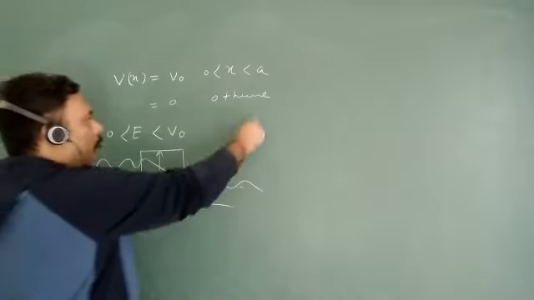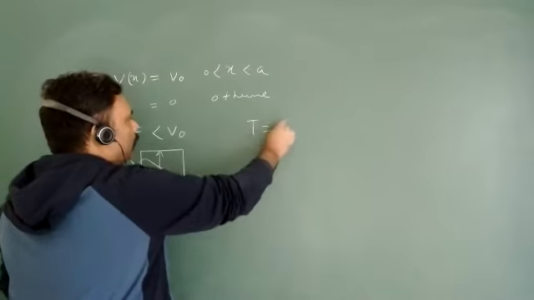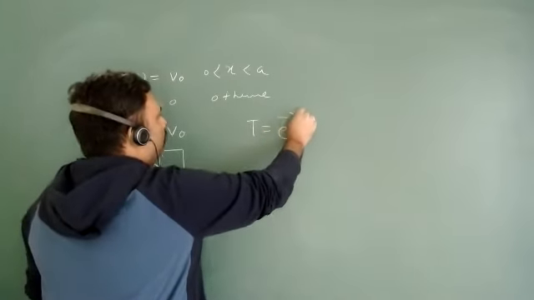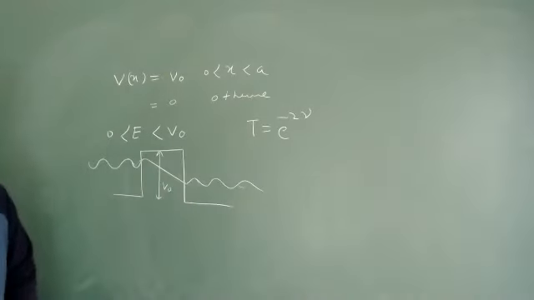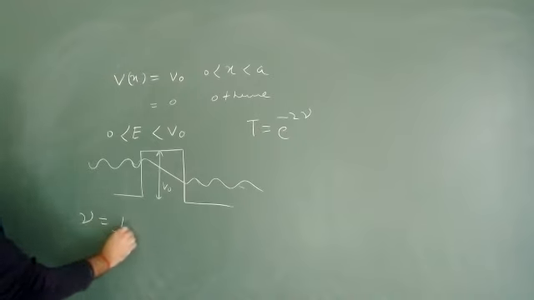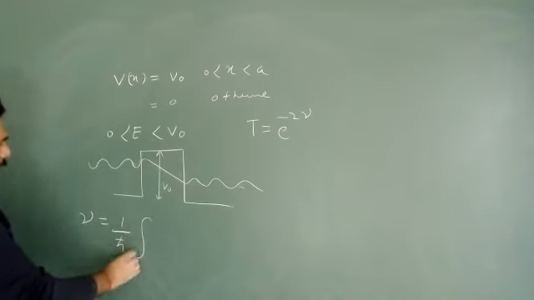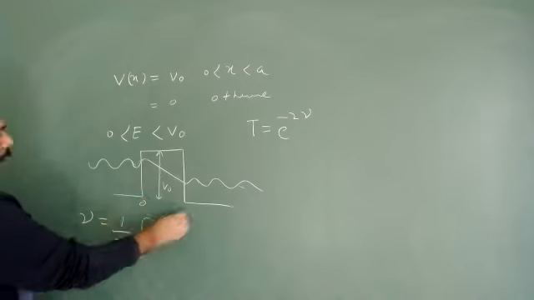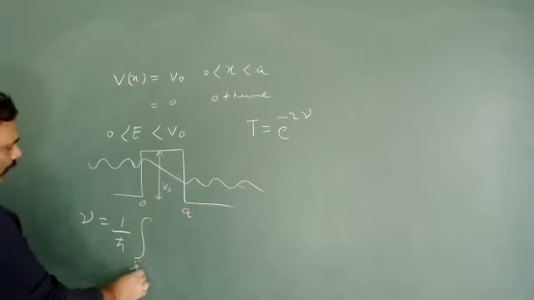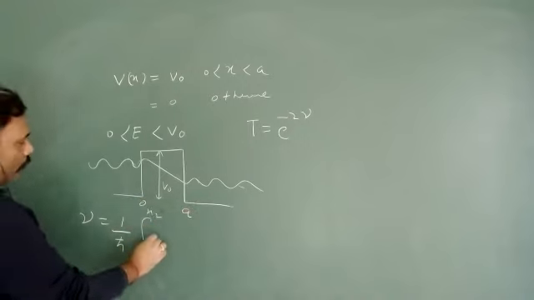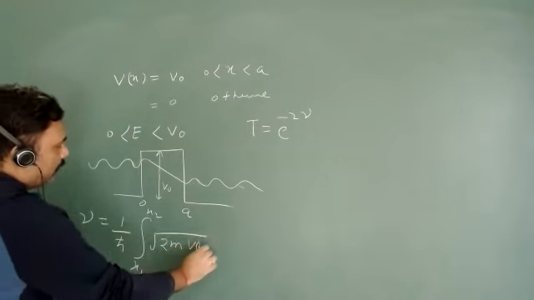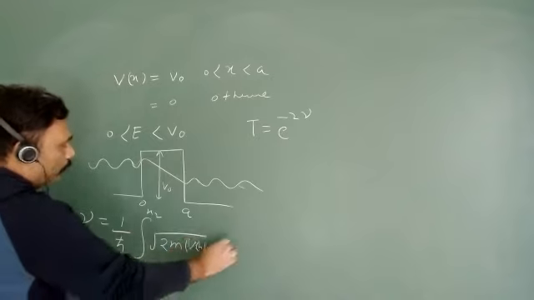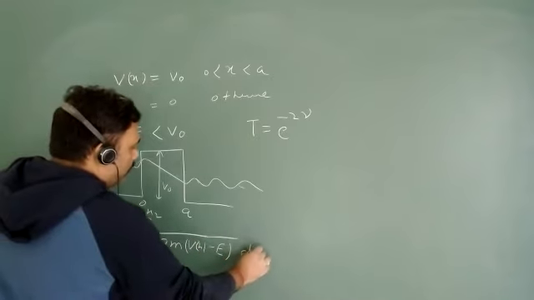So for the tunneling probability, we have to go for e to the power minus 2 gamma, isn't it? And we have to calculate the value of gamma. This is 1 upon h cut, with x1 equal to 0 and x2 equal to a, so we have the integration from x1 to x2 of root under 2m (Vx minus E) dx.